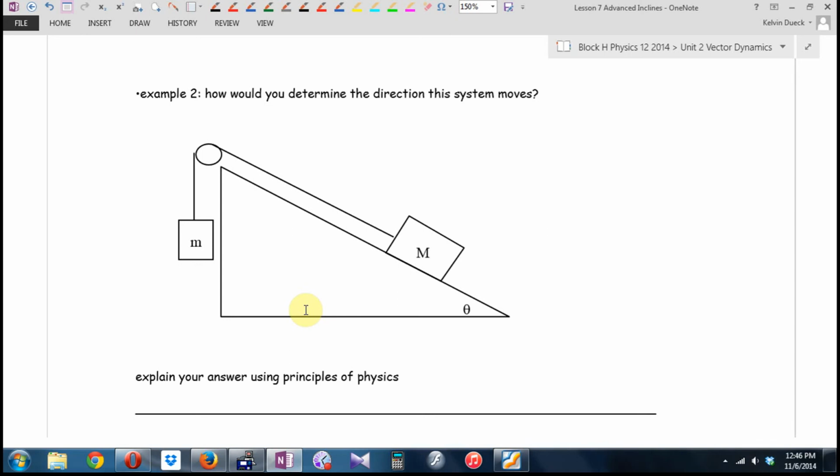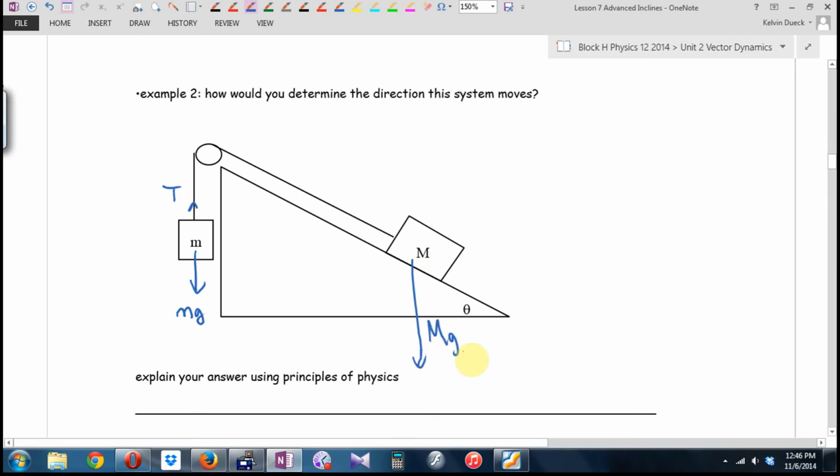Let's do a free body diagram. What are the forces on little m? Get the obvious one. What else? Tension. What are the forces on big M? Get the obvious one. Big mg.